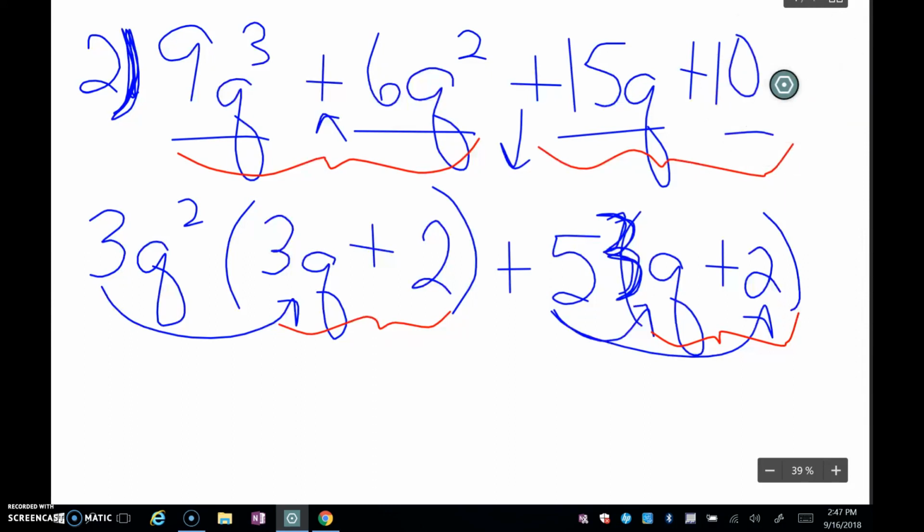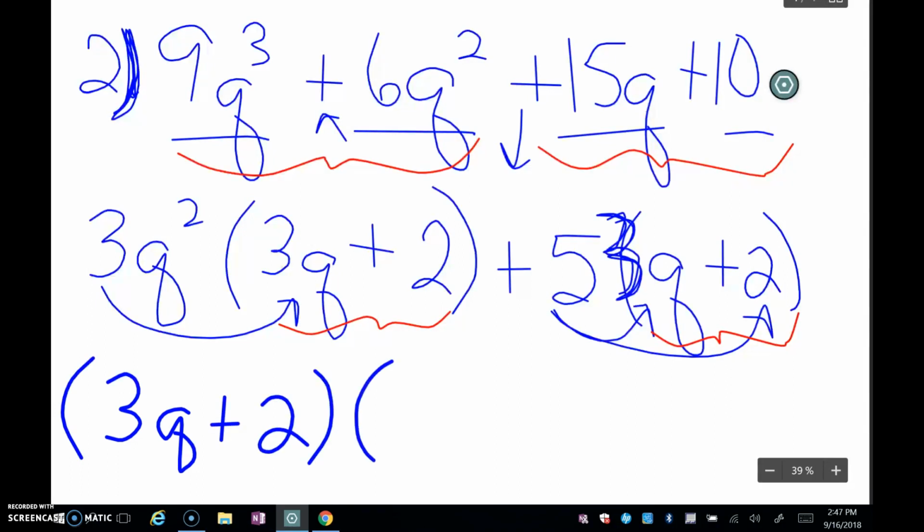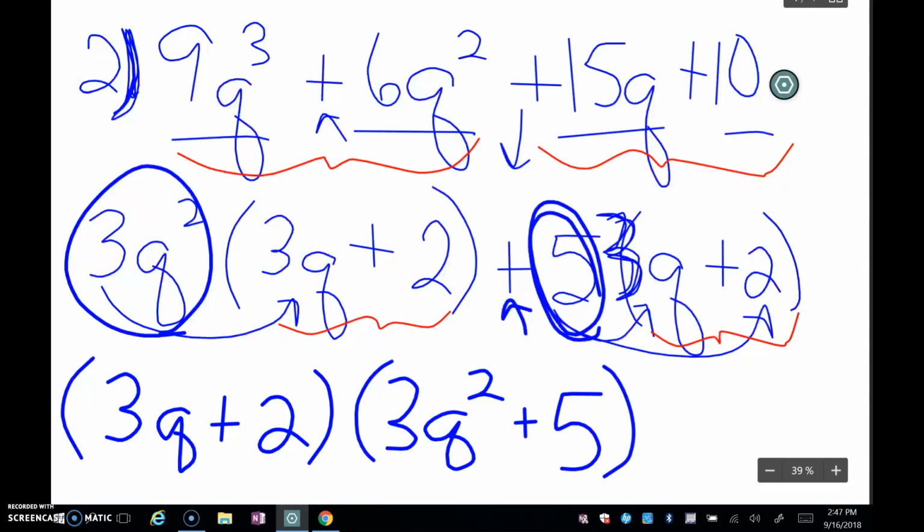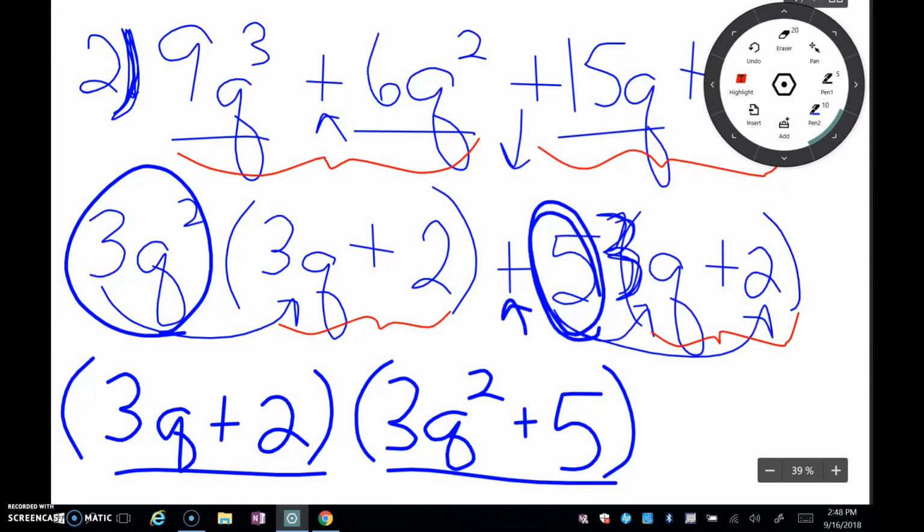I factor out the 3q plus 2, and that leaves me from the first term with the 3q squared, my plus sign here, and from the second term with my 5, so plus 5. You see I've got everything factored because I've got 3q plus 2 multiplied by 3q squared plus 5. That means I'm done. Everything's reduced. So let me move on to my last example here.